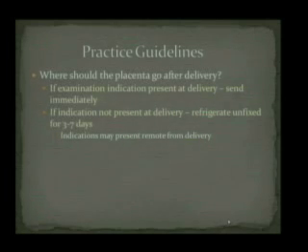If there's not an indication present at delivery and everything was perfectly normal, we refrigerate them unfixed, without formalin. We usually put them in a garbage bag. It mentioned in this that you want to put it in something that won't mess up the shape of the placenta because it may be there for 3 to 7 days. So you put it in something with soft sides. Because like I mentioned before, the NICU may have a reason and they'll call down and say, hey, the baby's not doing so well, can we send the placenta?